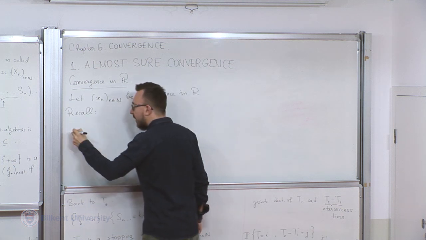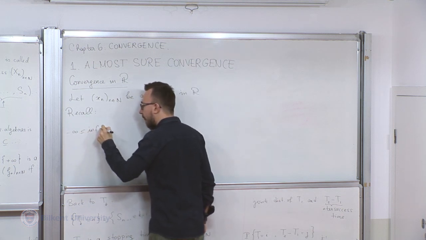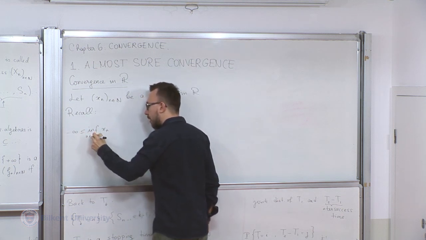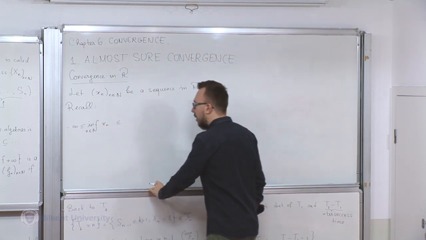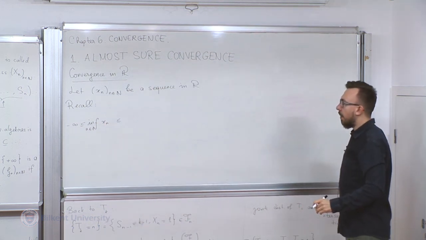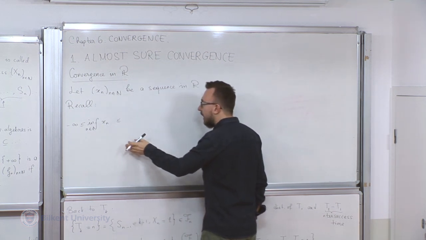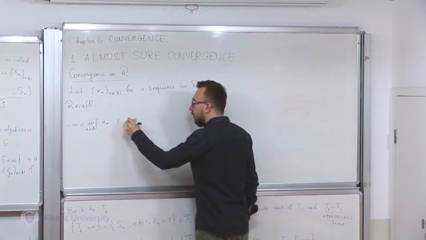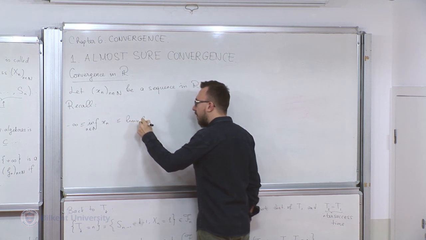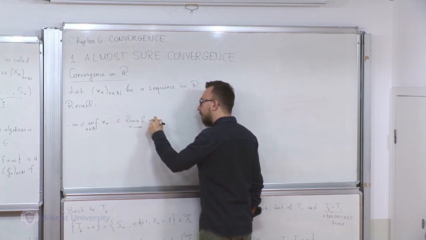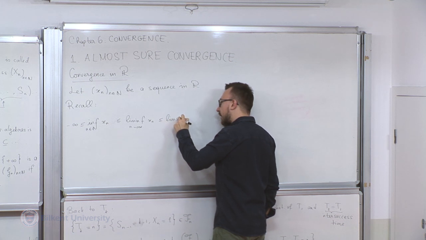So minus infinity is less than or equal to inf, which is the greatest lower bound, right? This is less than or equal to lim inf. This is less than or equal to lim sup.